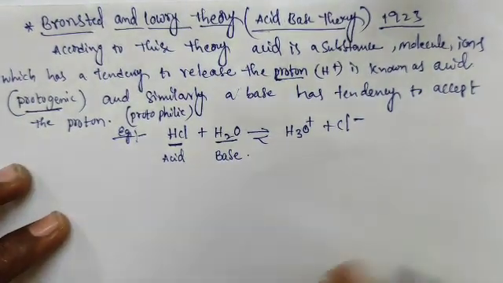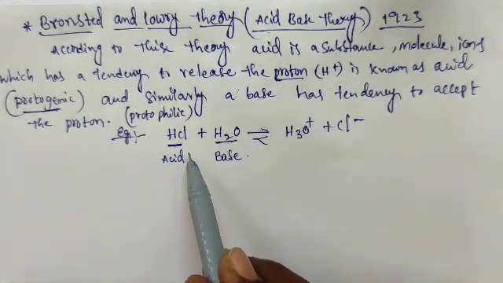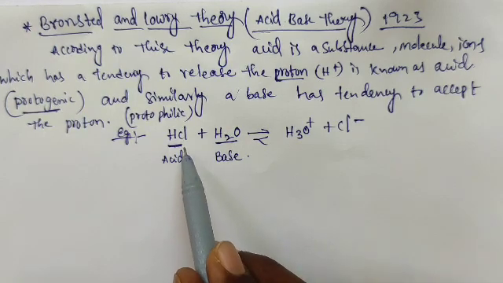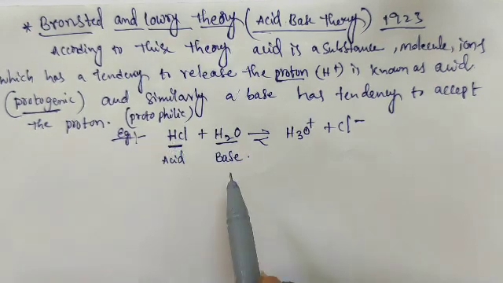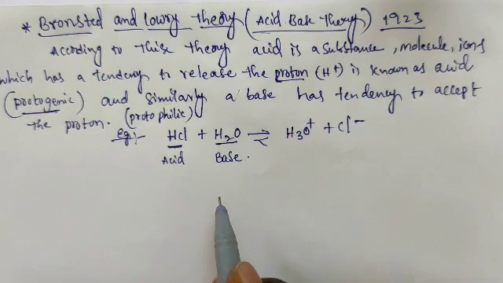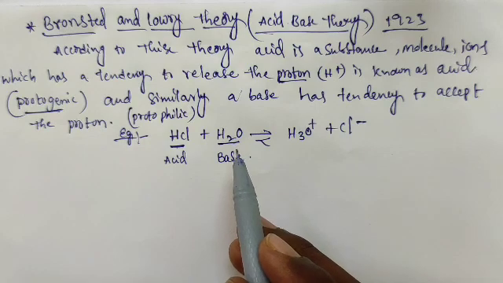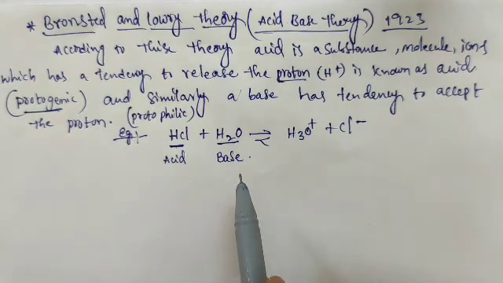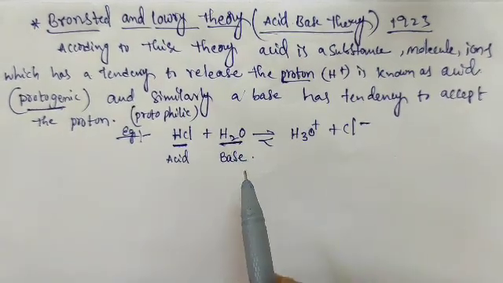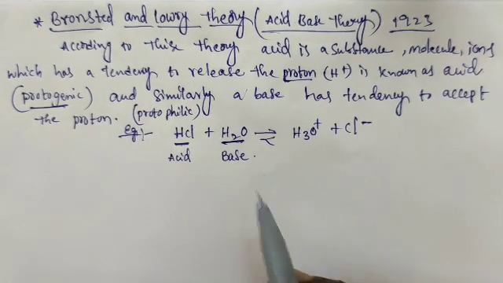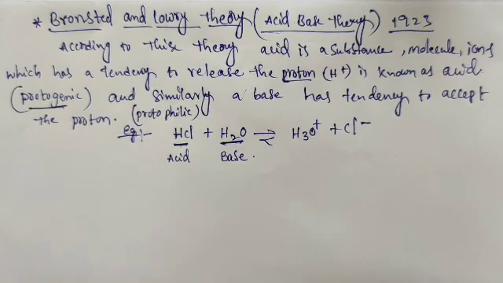In this reaction, HCl acts as an acid because it donates a proton to the water molecule. Water, on the other hand, behaves as a base by accepting the proton. So this is the Bronsted theory.